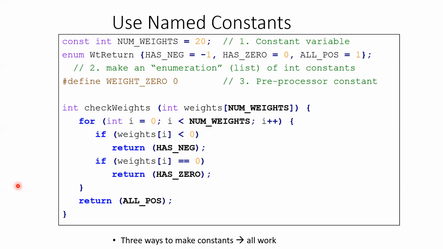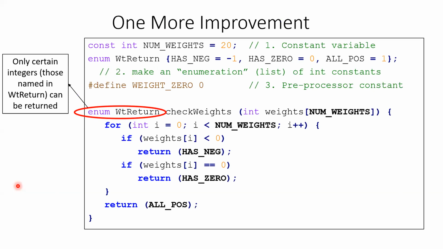Okay. And then we can change the return value from int to the enum, wt_return. And this will also check in the code for any possibilities of returning out of range.